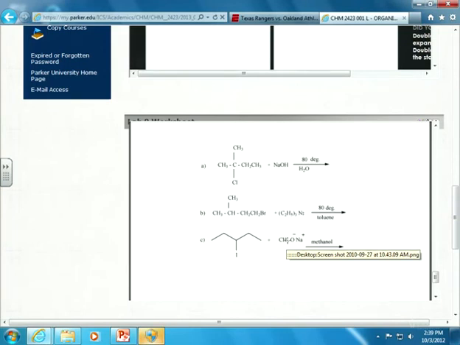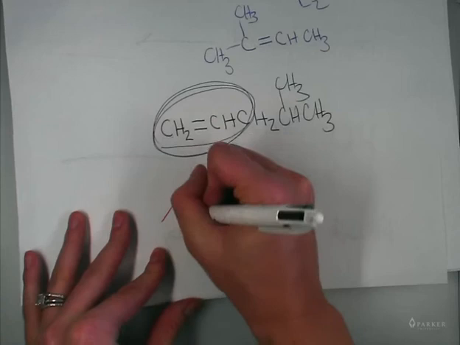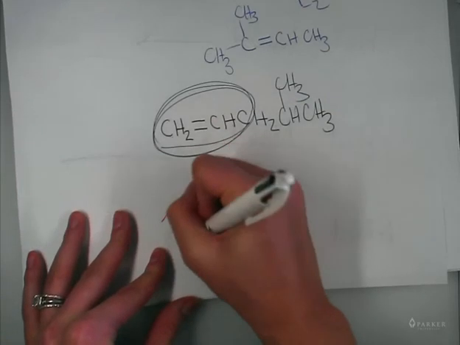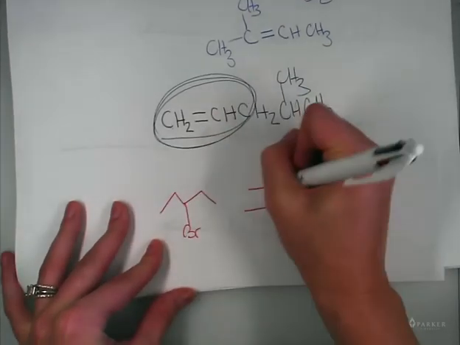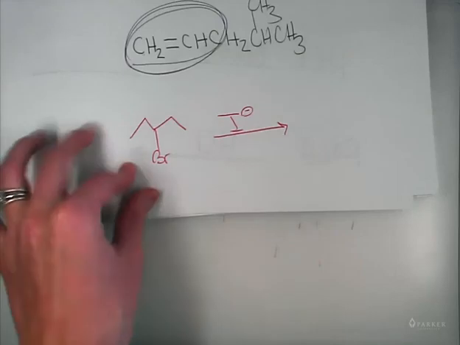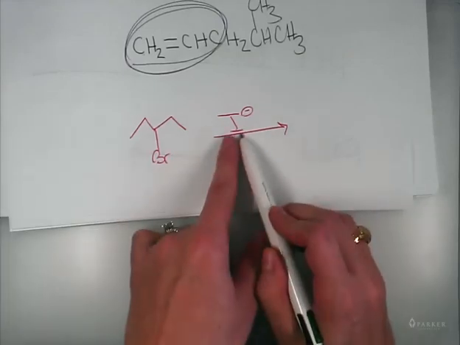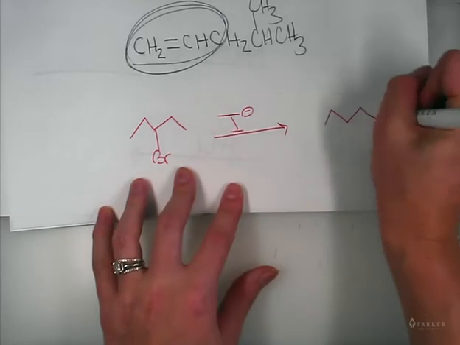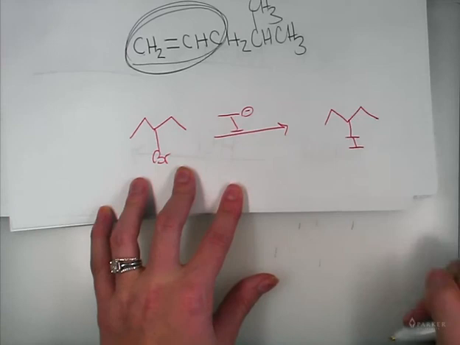If iodine is the nucleophile. If iodine is the leaving group, that doesn't matter. So it would have looked like, I'm going to put bromine because it wouldn't have an iodine leaving group. Something like this. Do you see where now it's reacting with iodine? And so then you would just put the iodine on there.